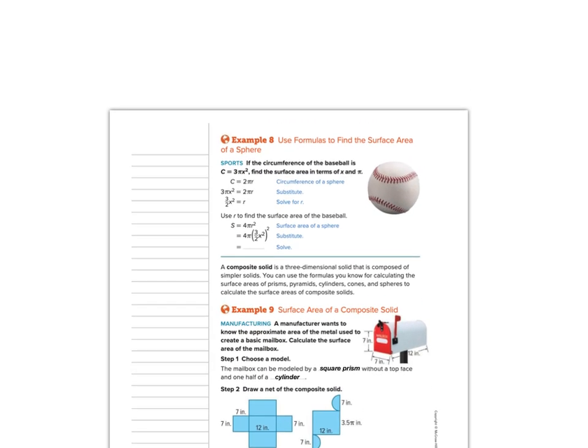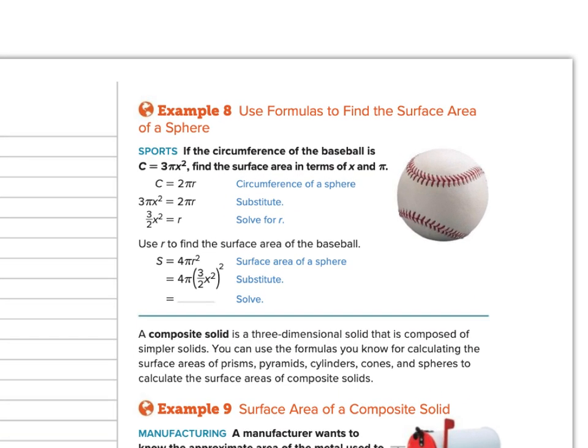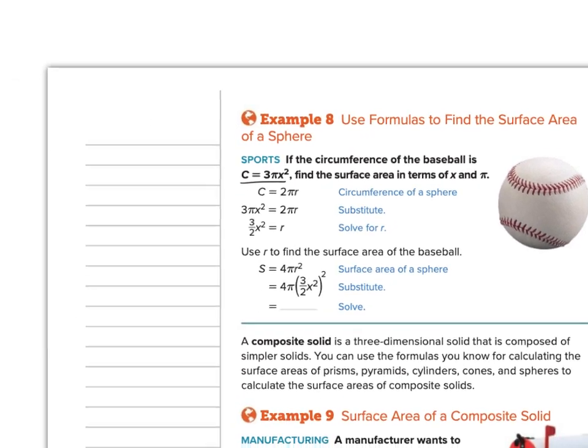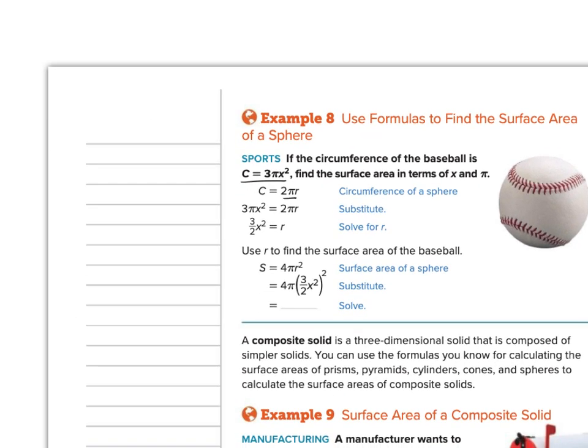Same thing here. Just because we have included an algebraic expression doesn't change anything per se. If my circumference is 3 pi x squared, well, I also know that the formula for circumference is 2 pi r. So we take the circumference of the item equal to the circumference of the formula, and that allows us to find some of the information out.